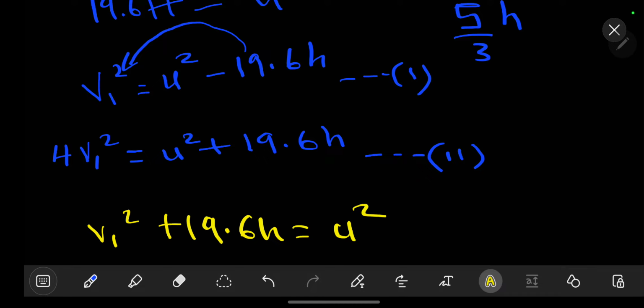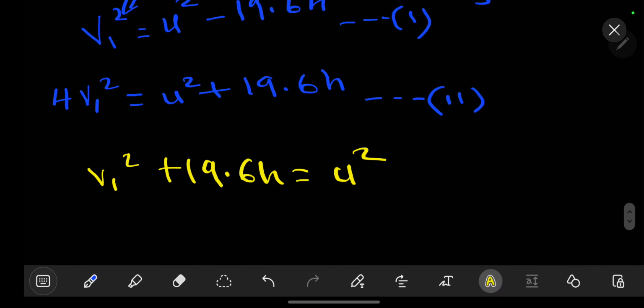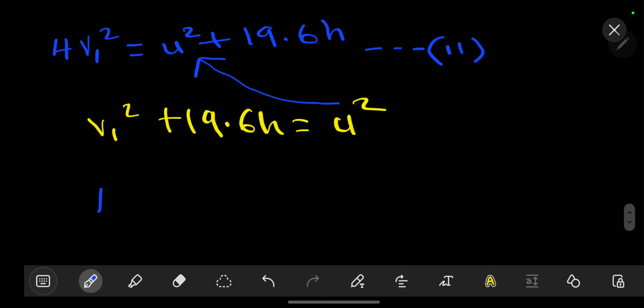Now if you look at this equation, u squared is equal to that. So this same equation, if you are saying that your u squared is equal to this, get this equation, put it in the second equation where u is. So we are going to have our 4v1 squared should be equal to, where there is u, you are going to put this.